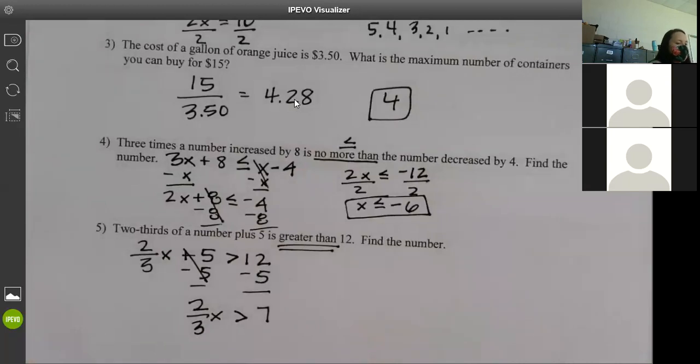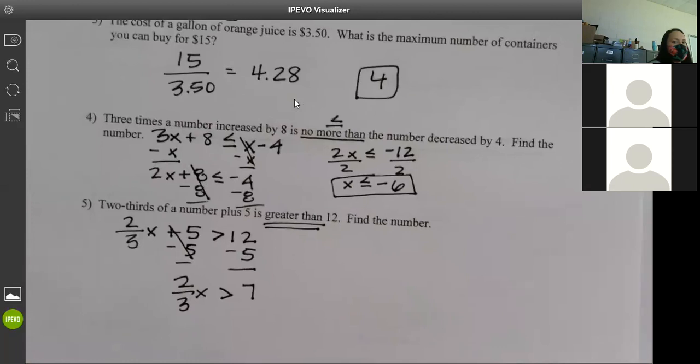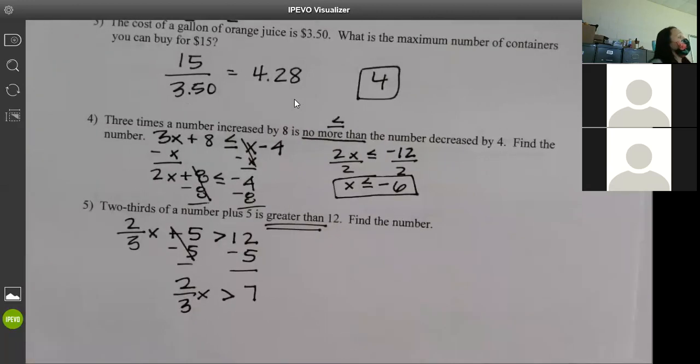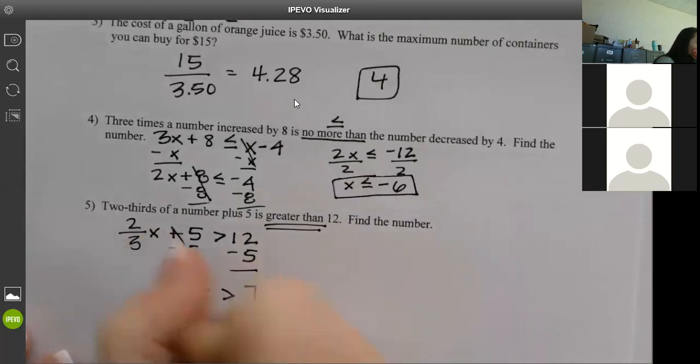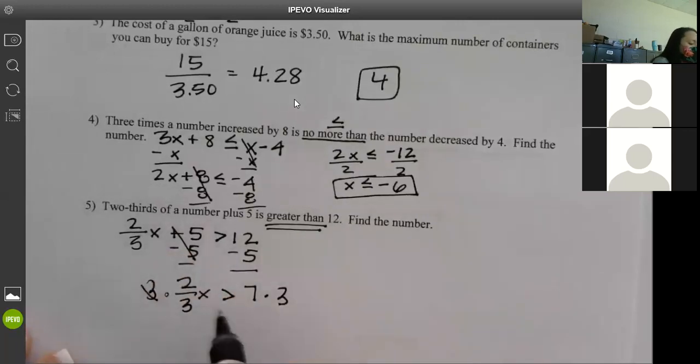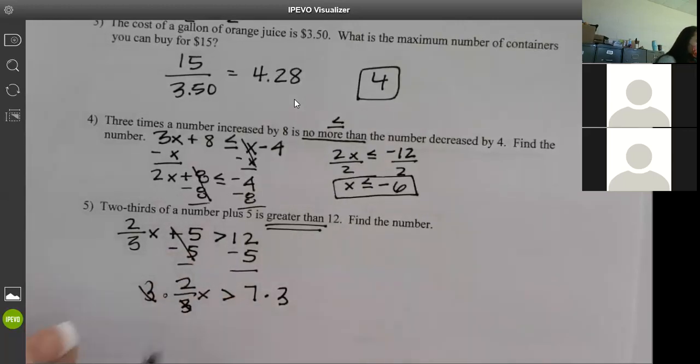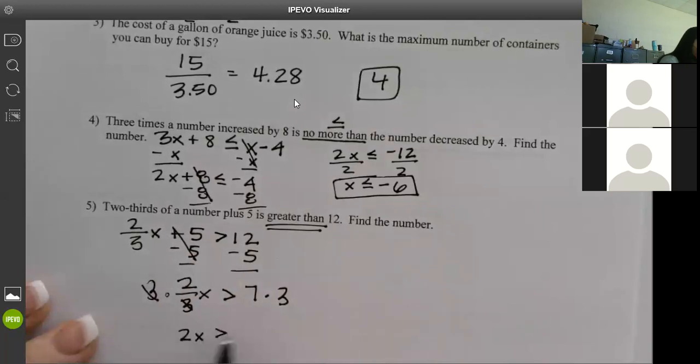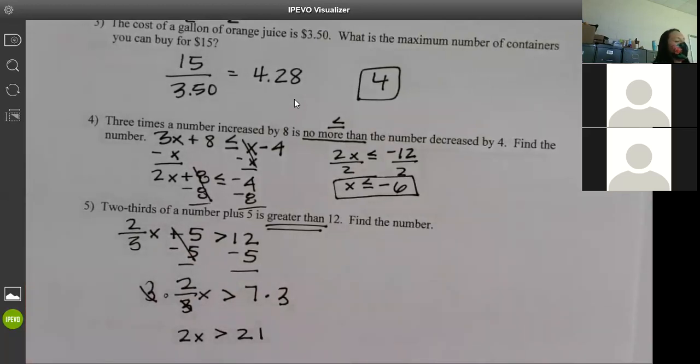How do I solve for x? You can do this 2 different ways. You can divide by 2/3, which some of you have been doing. It's perfectly fine. Or we see a divide by 3, so we can multiply by 3. This is the way that I would do it. You get 2x is greater than 7 times 3, which is 21.